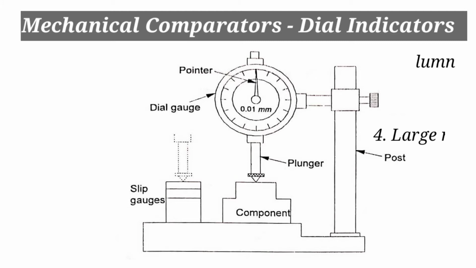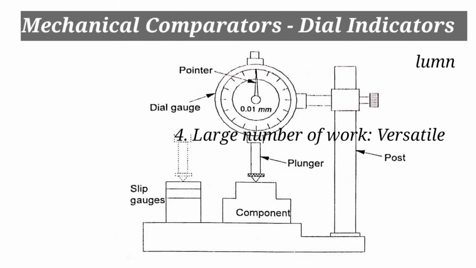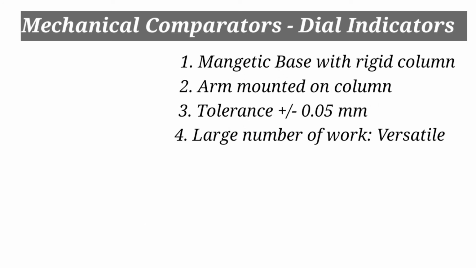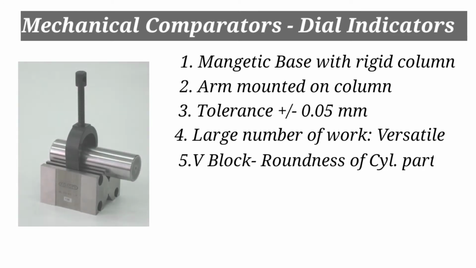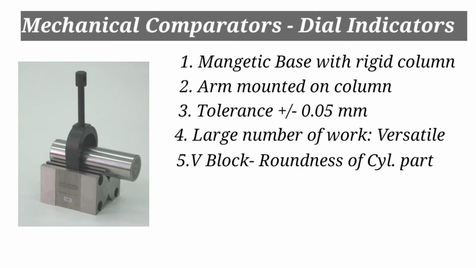Dial indicator is generally used for inspection of a small precision machine part. The dial indicator with various attachments may be used for a large number of works. With a V-block attachment, it can be used for checking the roundness of a cylindrical part.